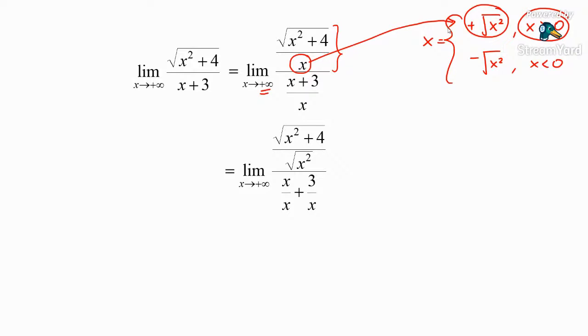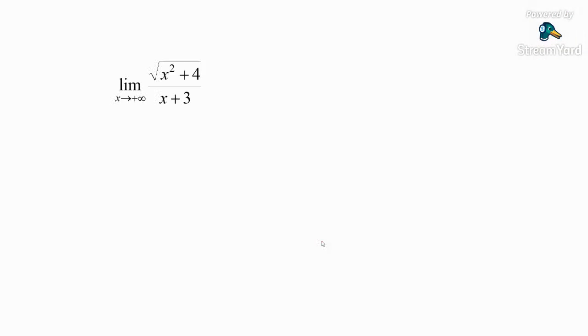So it will become square root of x squared plus 4 over square root of x squared over x plus 3 over x. And then of course you have a set, so you can actually combine them into one big set. So it will be a set, x squared plus 4 over x squared. So this one, separate them into two. We got x squared over x squared, which is 1, and then 4 over x squared, over 1 plus 3 over x.